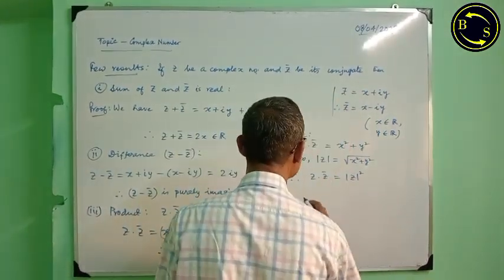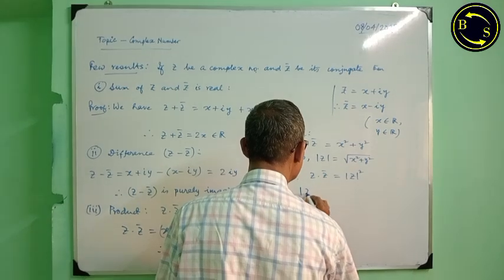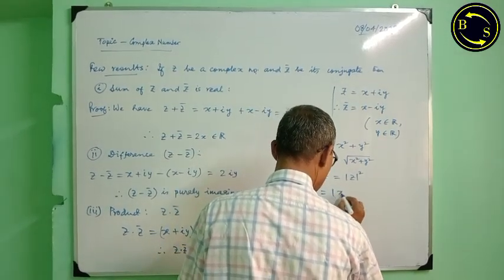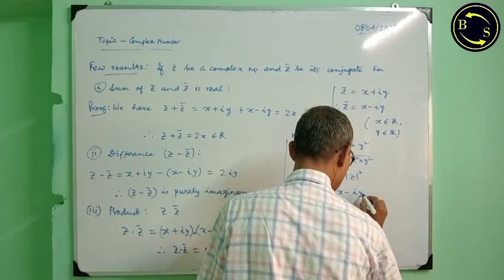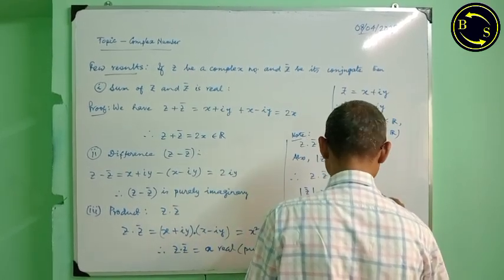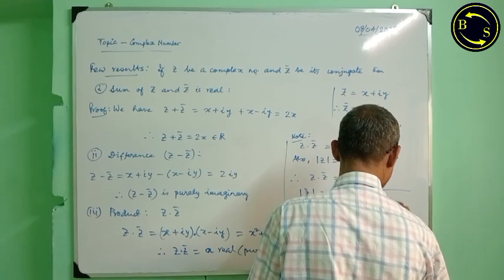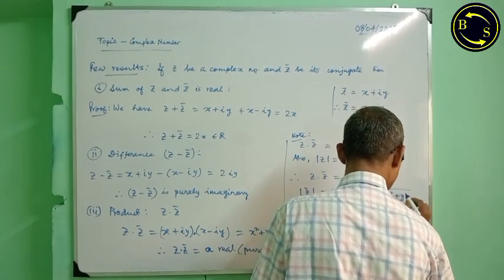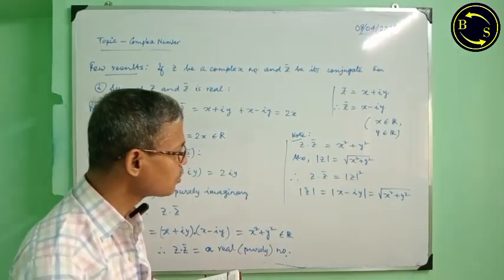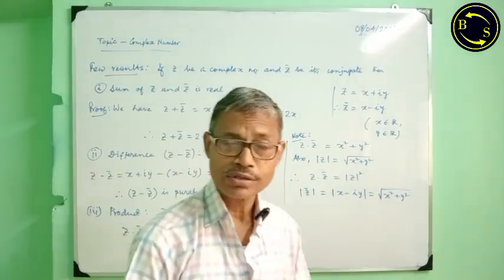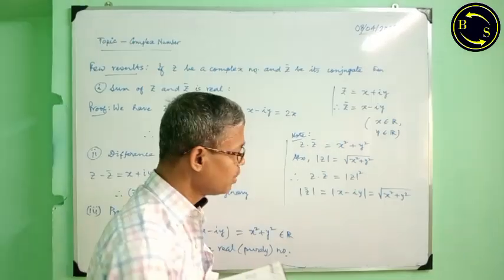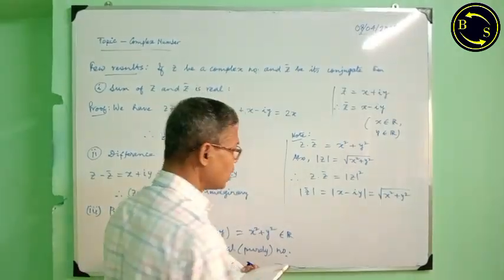And also we know if we take the modulus of the complex conjugate of z, that is z bar, that is also root over x square plus y square.